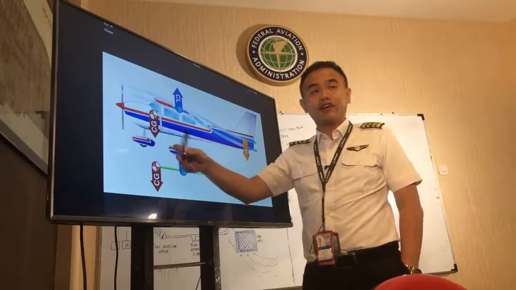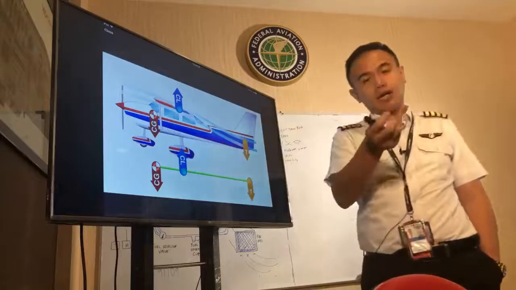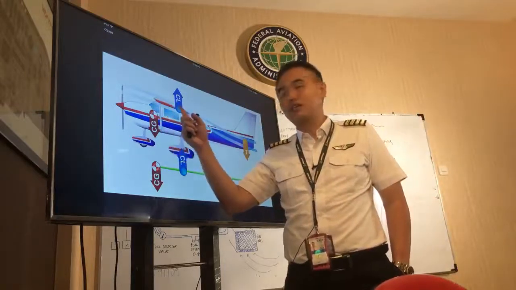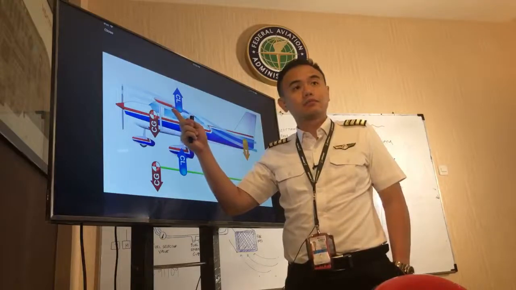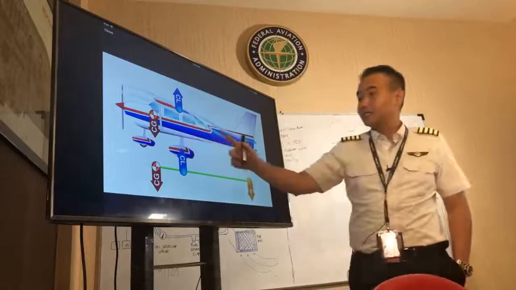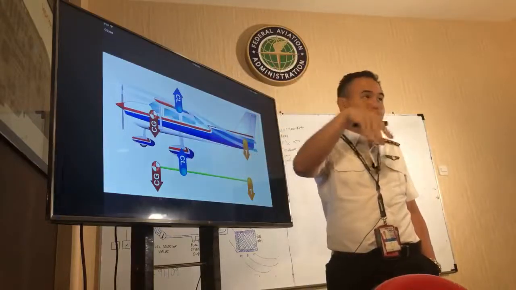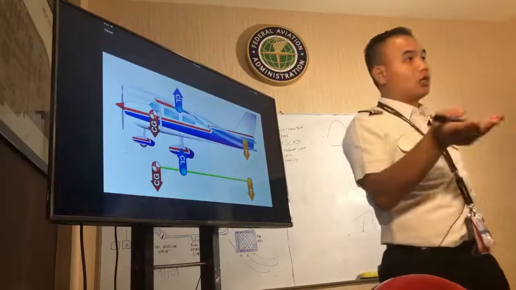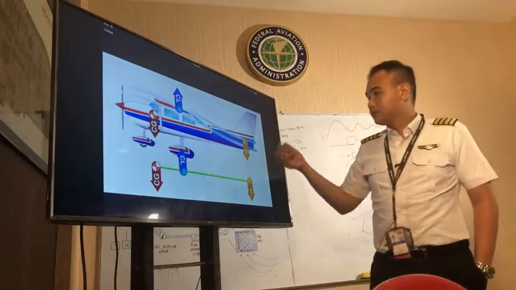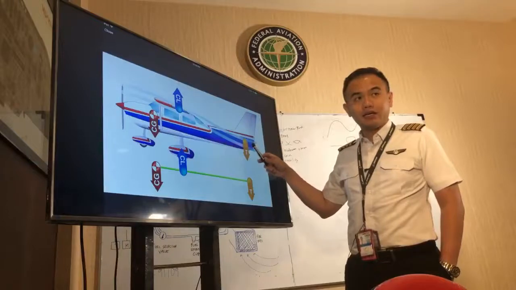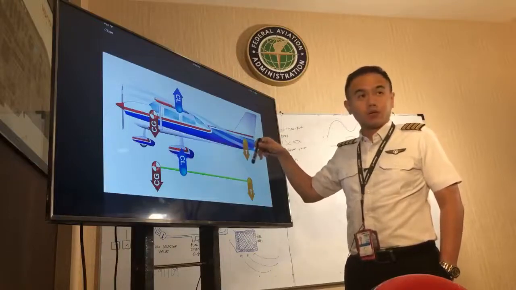No. The center of gravity is where the weight is centralized in the airplane. So why do they put the center of gravity in front of the center of lift? Because we want nose down tendencies. The nose down is better to break the stall. And the tail here is also downward.